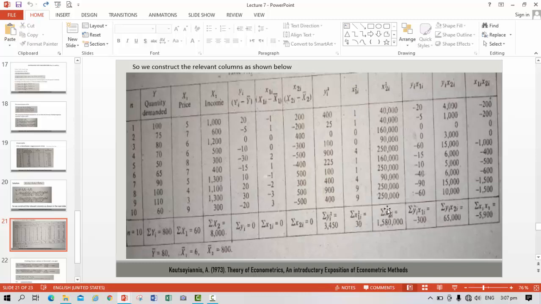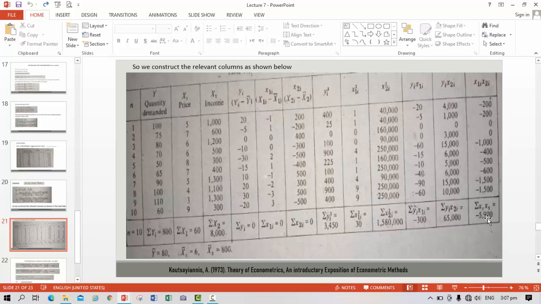The sum of x2 square will be 1,580,000. Summation x1y will be minus 300 and summation x2y will be 65,000. And similarly, if we sum all the observations in the column small x1x2, which is actually the multiplication of x1 and x2, we will get minus 5,900.